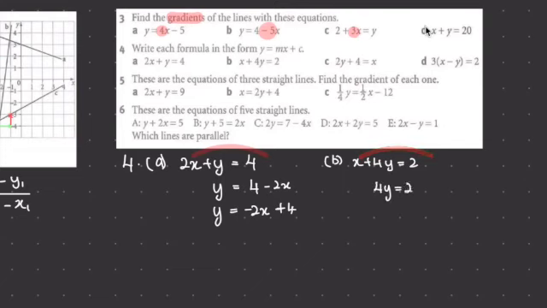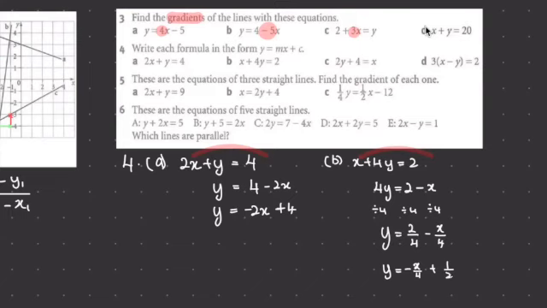Now, if I want to remove that 4, I need to divide 4 for every term. So I get y is equal to 2 over 4, it doesn't really matter, minus x over 4. Just rewrite again. 2 over 4 can simplify to 1 over 2.